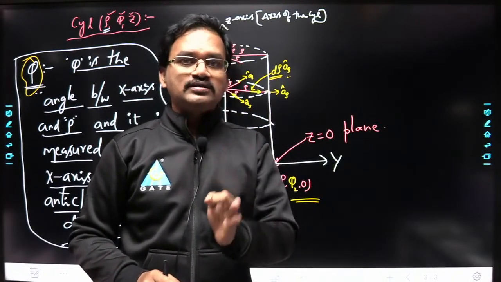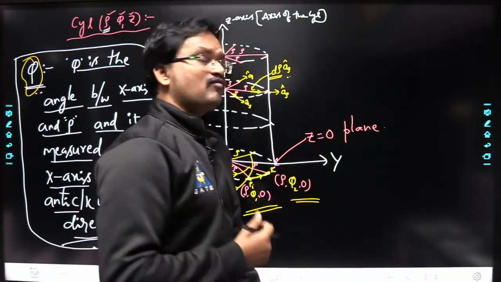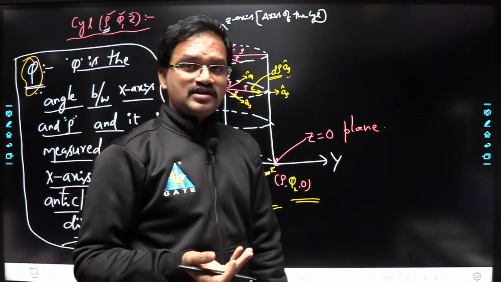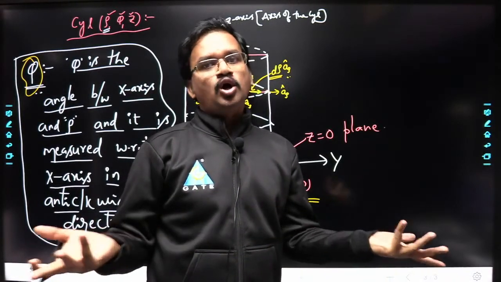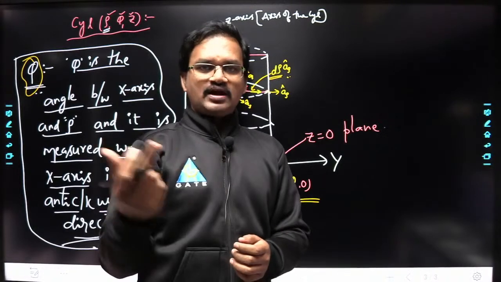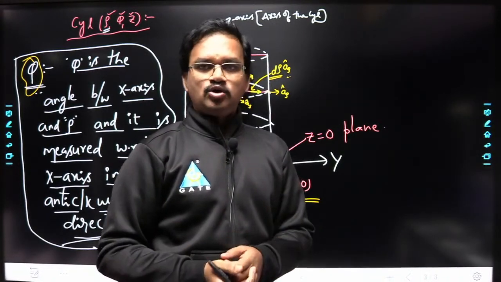Hence what is the range of phi here? The range of phi is nothing but 0 to 2 pi. It completes one circle.